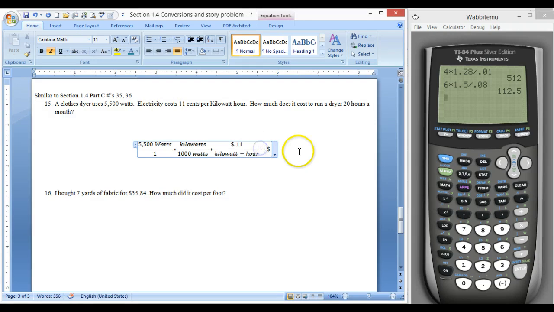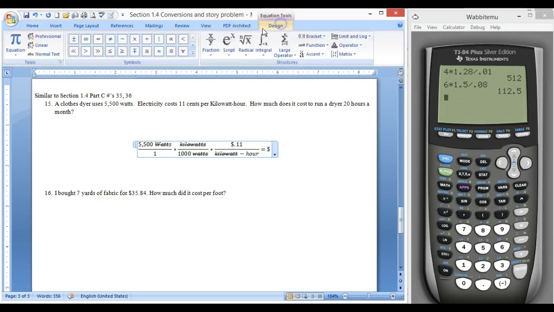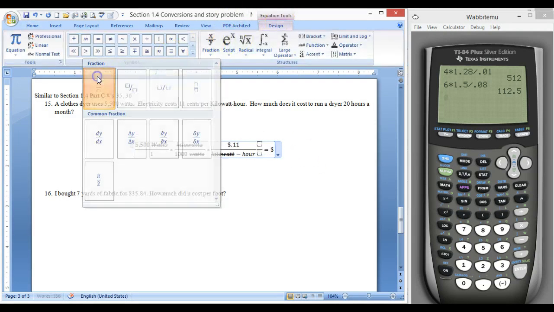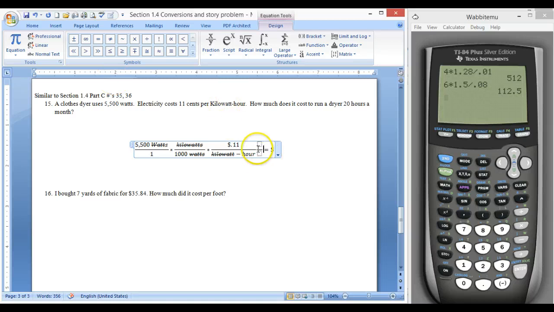Okay, so this one actually takes another conversion. I need to get rid of the hours. I was told that this dryer runs 20 hours a month. So here we go, 20 hours, and we can go ahead and put month on the bottom, although we talked about not putting month.